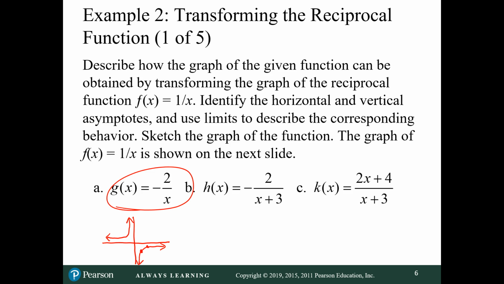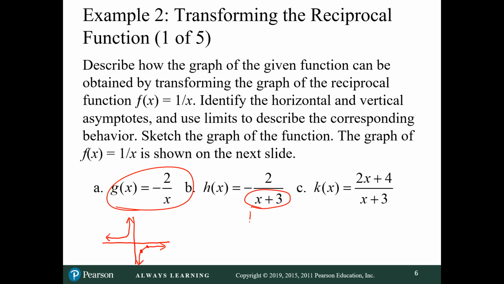So as we approach 0 from the left, where is it going? Infinity. As we approach 0 from the right, where is it going? Negative infinity. Now, what's our vertical asymptote on this one?